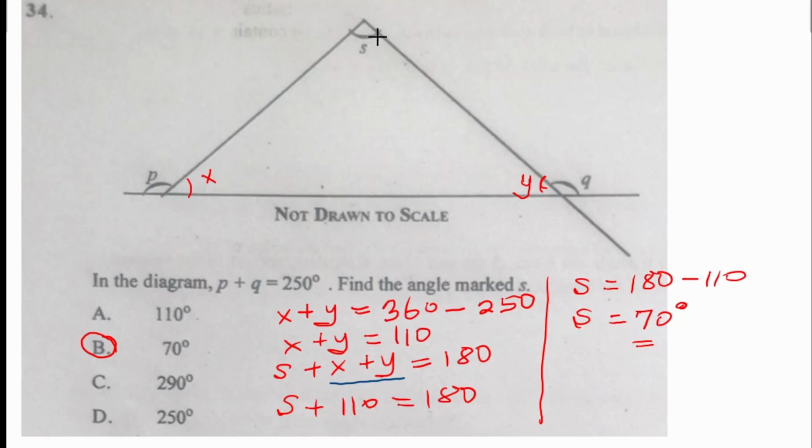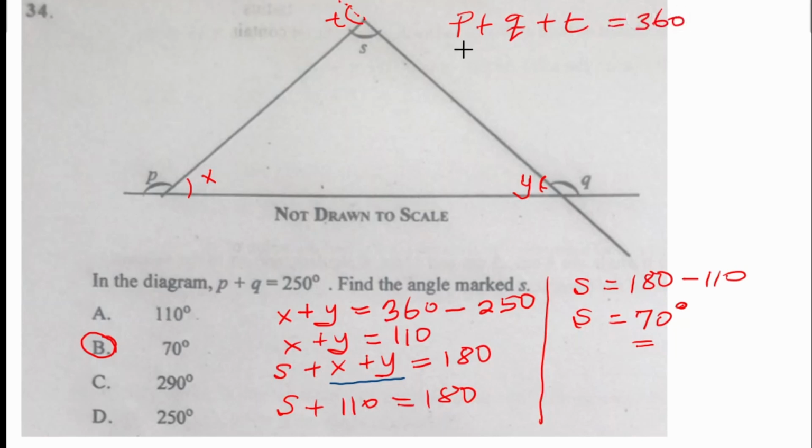Another method will be to extend this side of the triangle to form another exterior angle here. Let's call it T. So we know that the sum of exterior angles of a polygon is 360 degrees, right? Good. So that means P plus Q plus T will be equal to 360.